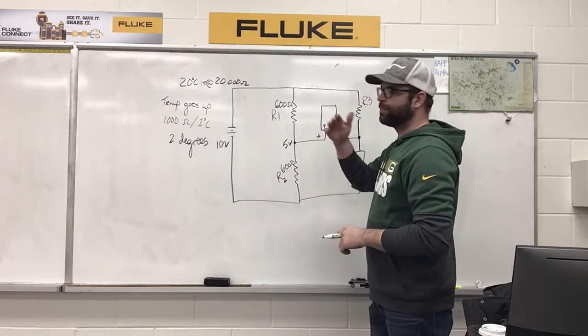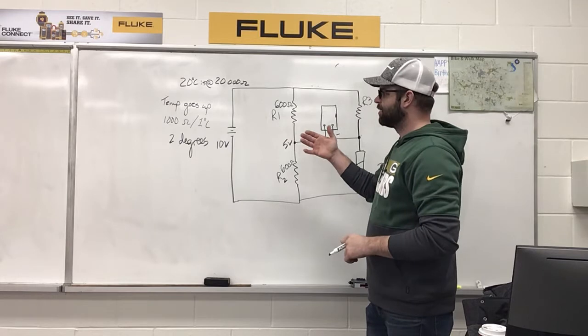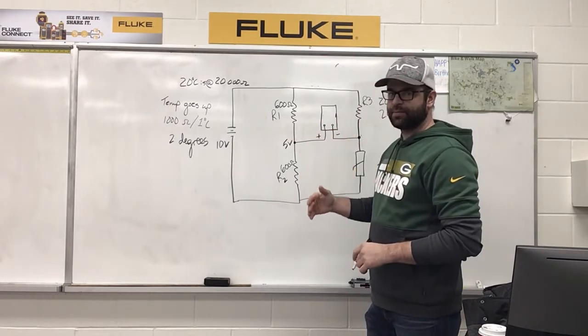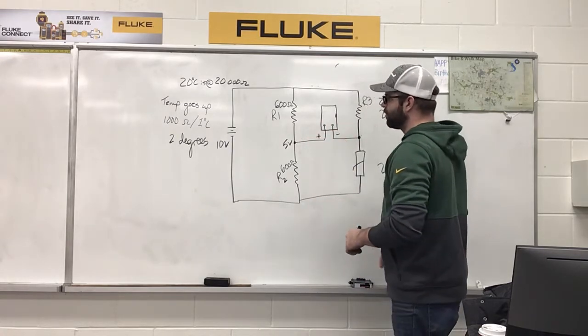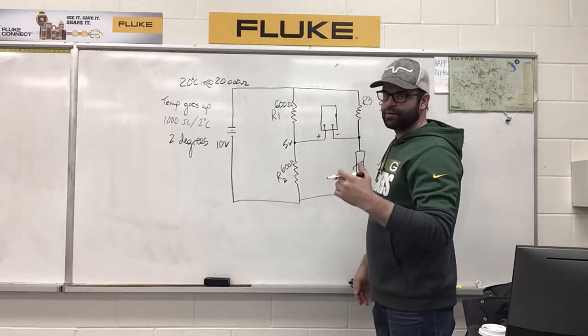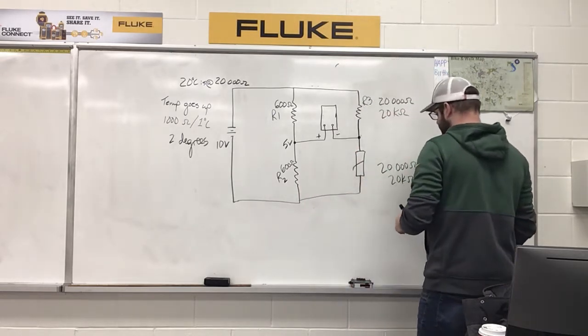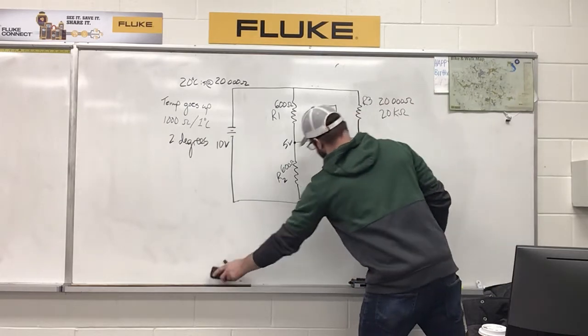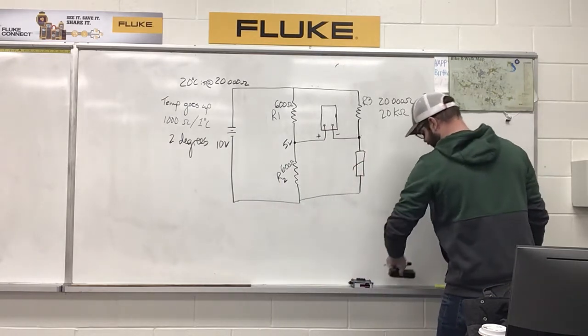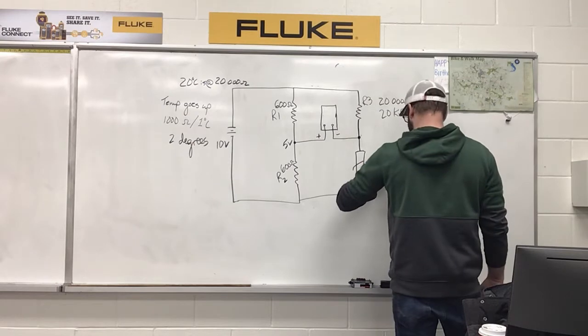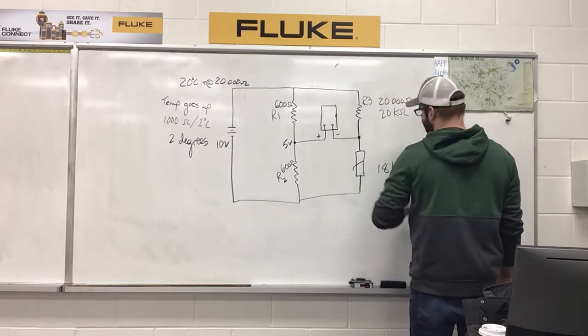So if it went up 2 degrees, that means the resistance went down by 2,000 ohms. If it changed 1 degree, it would go down 1,000. If it changed 2 degrees, it would go down 2,000. So we know now that the resistance of our thermistor is now 18 k ohm.